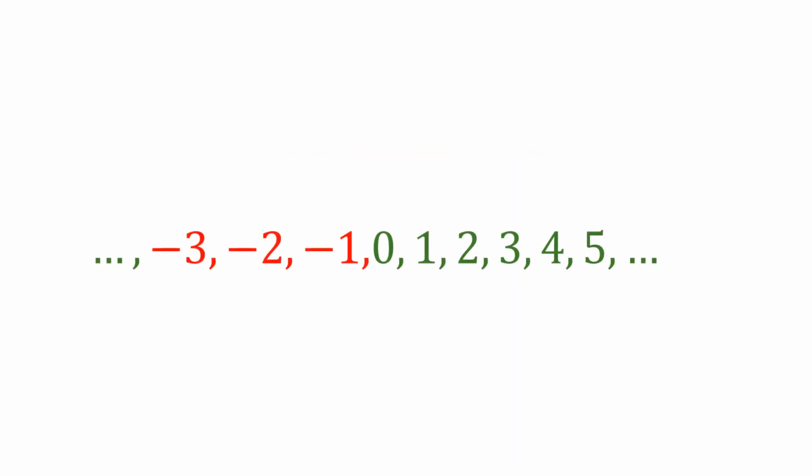And now if you add negative numbers to the whole numbers, like -1, -2, and so on, that's what you call integers. So basically, the natural numbers and whole numbers are under the integers, or a subset of the integers.